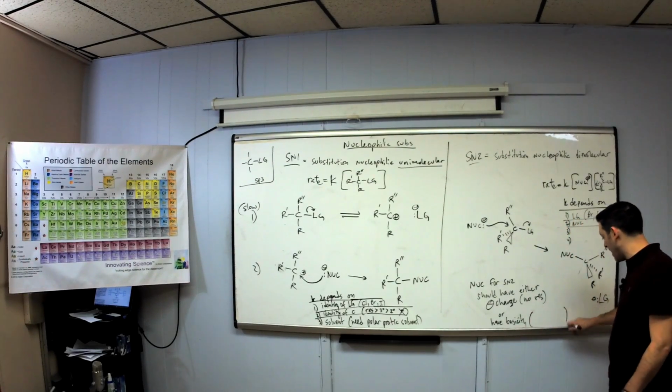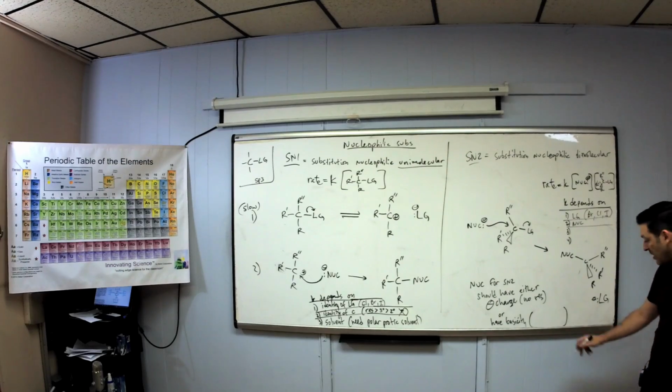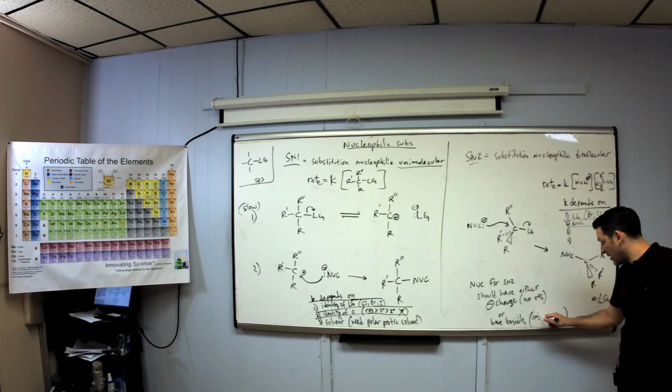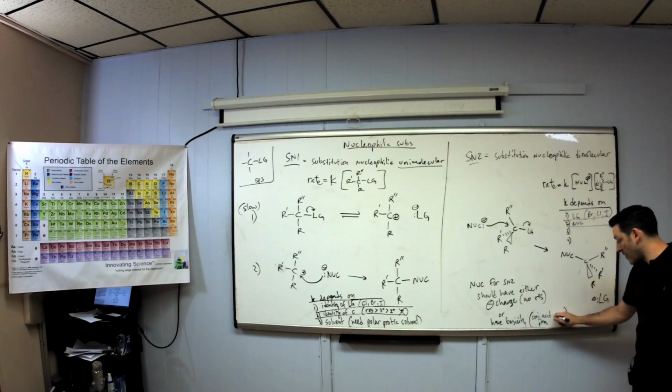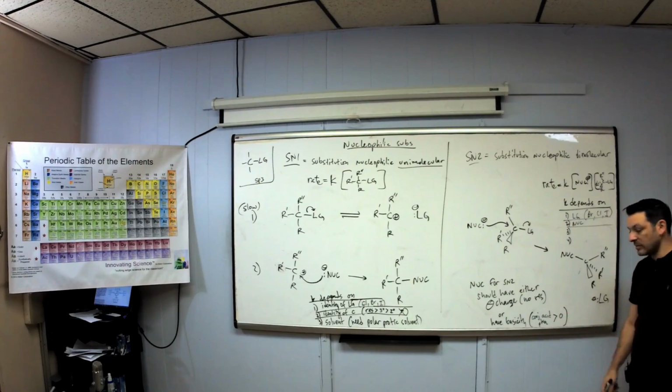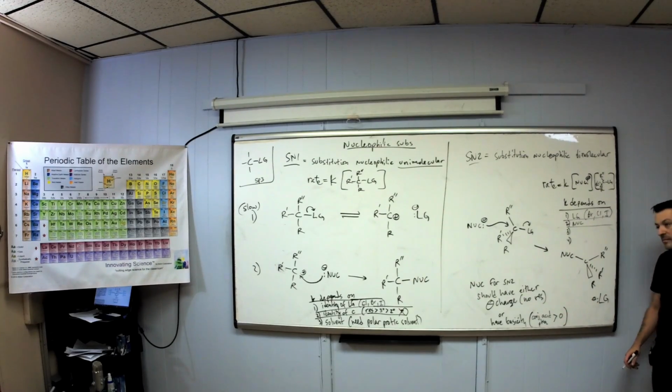So we could actually write this out like this. If you have basicity, that means your conjugate acid pKa is going to be greater than 0. How does that make sense? Because I said H3O plus is a 0, and HCl is a negative 5, and HBr is a negative 7, and HI is a negative 9.